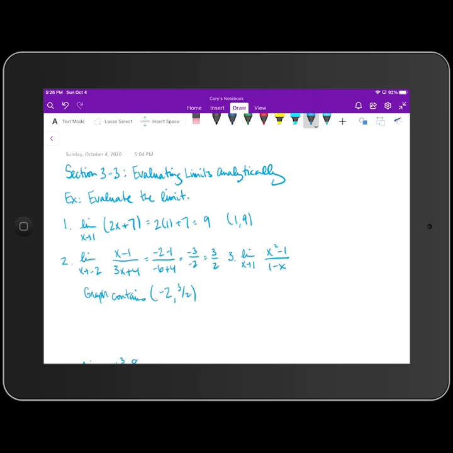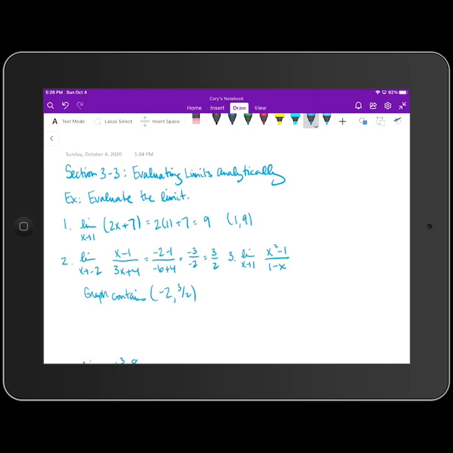Unfortunately, for the majority of limits you're going to run into, that's not going to be the case. You're not going to be able to use direct substitution right off the bat and get a valid output. So we'll take a look at what happens when we can't use direct substitution right off the bat with the next several examples.